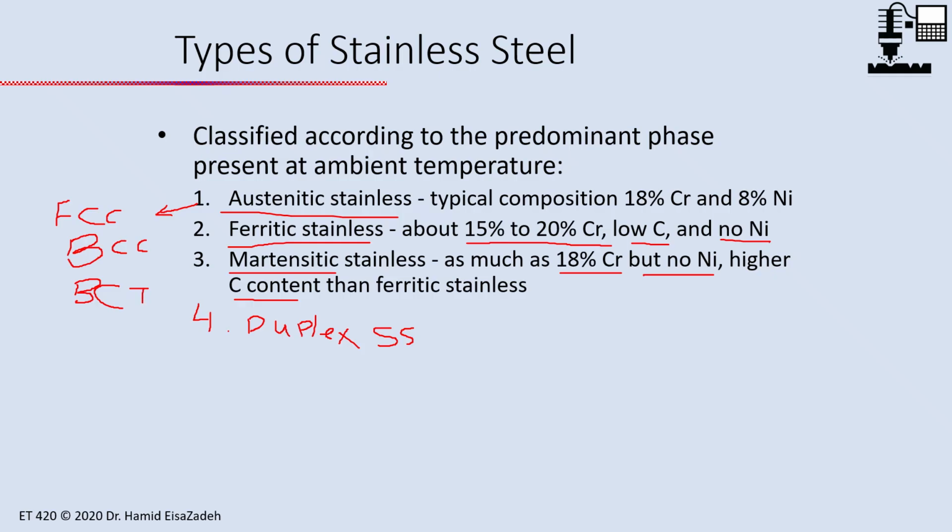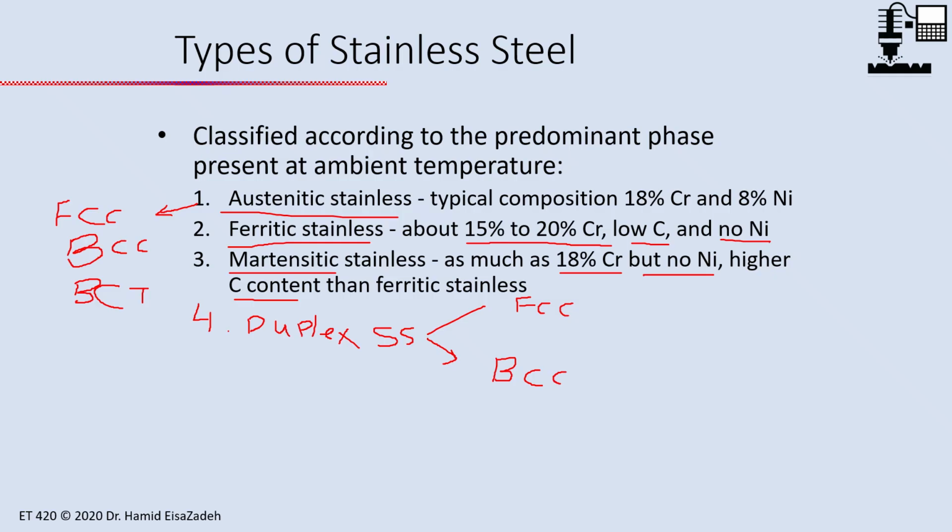When we are working with duplex stainless steel, we would see two phases: 50% FCC or austenite phase, and 50% BCC or body center cubic.